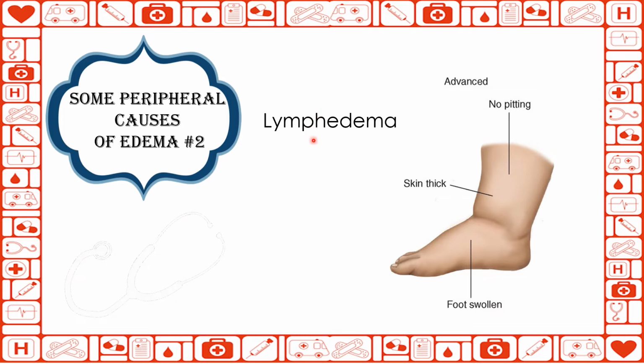So another peripheral cause of edema is lymphedema. It is initially soft and pitting. So una, pitting siya. So makikita mo yung depression. Then it becomes indurated, becomes hard and non-pitting. So as you can see in this image, the skin is markedly thickened, ulceration is rare.